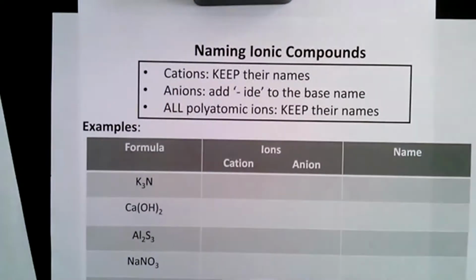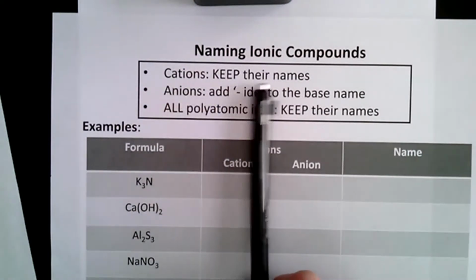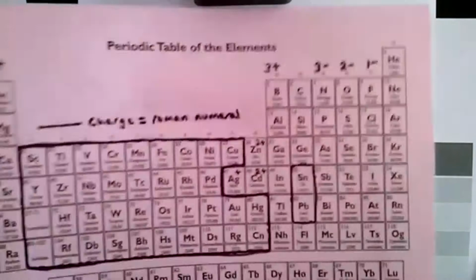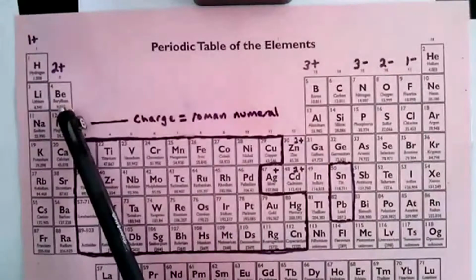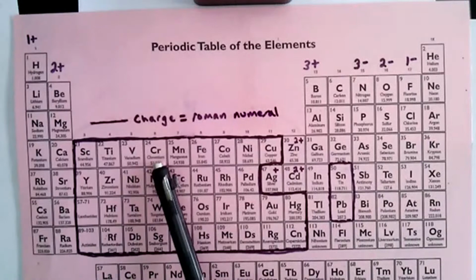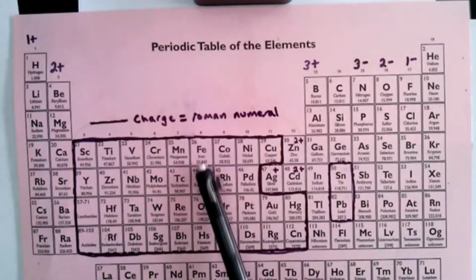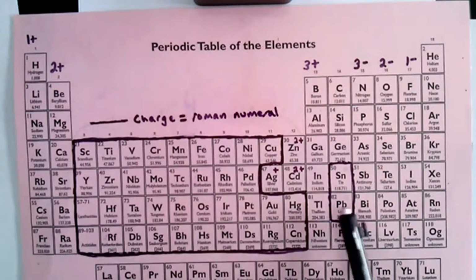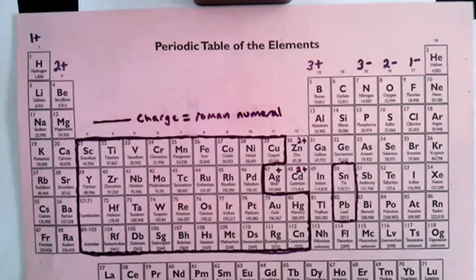Things to keep in mind. Cations always keep their name, whatever their name is on the periodic table: beryllium, strontium, chromium. Those with a Roman numeral, say iron 2, nickel 1, tin 4, keep their name.